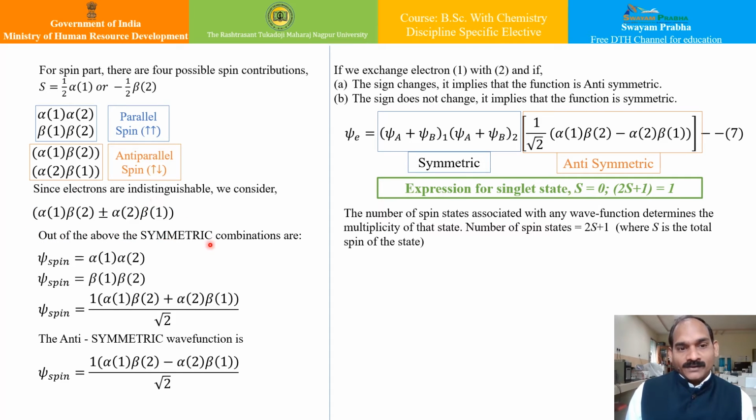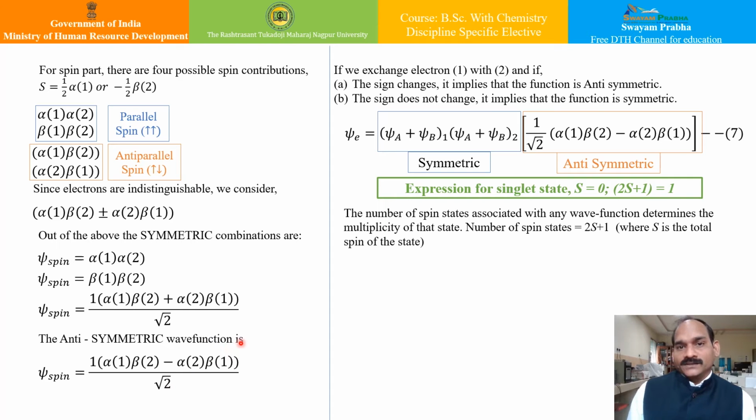Out of the above, the symmetric combinations will be psi spin equal to alpha 1 alpha 2, or psi spin equal to beta 1 beta 2, or psi spin equal to 1 upon root 2, which is a normalization constant, into alpha 1 beta 2 plus alpha 2 beta 1. The other combination is alpha 1 beta 2 minus alpha 2 beta 1. This will give the antisymmetric wave function, which is very important for us.